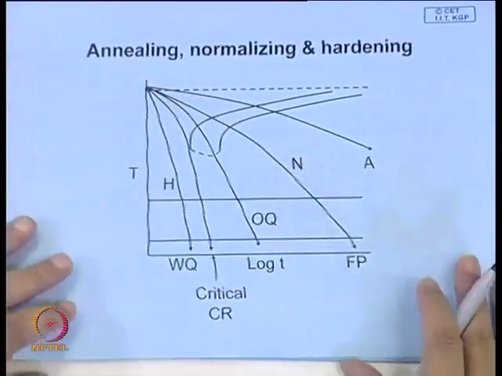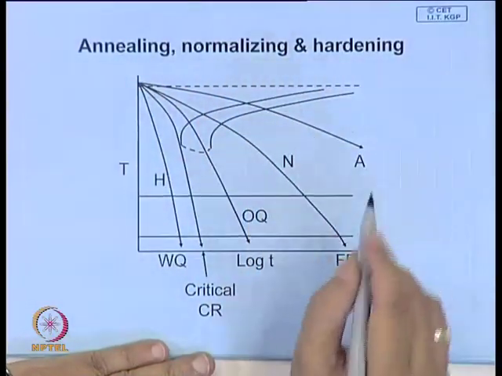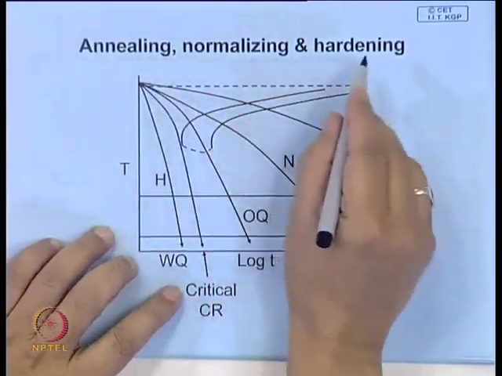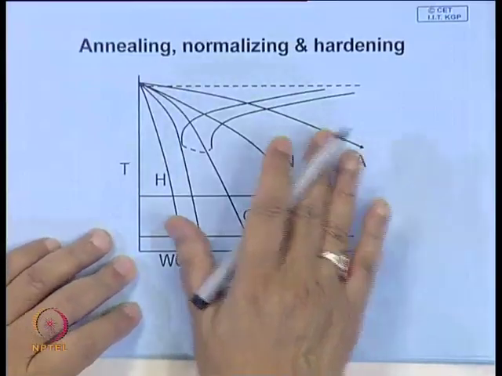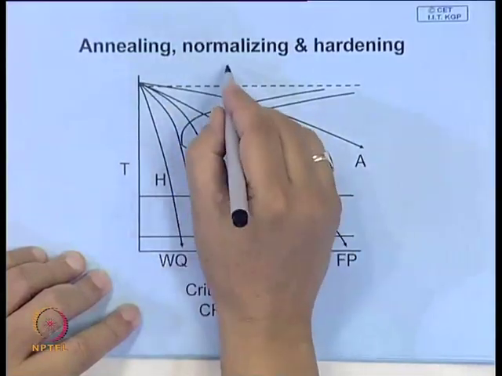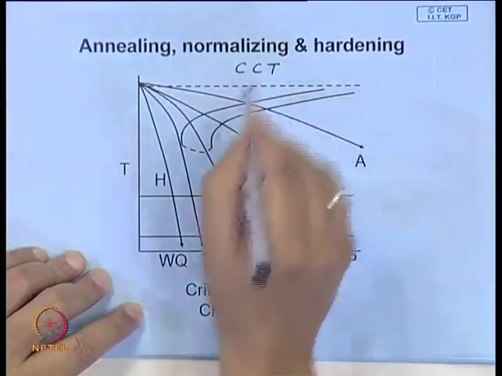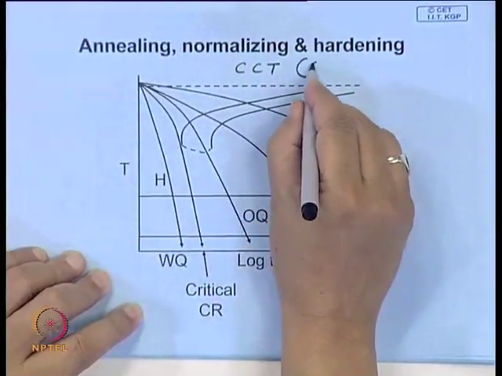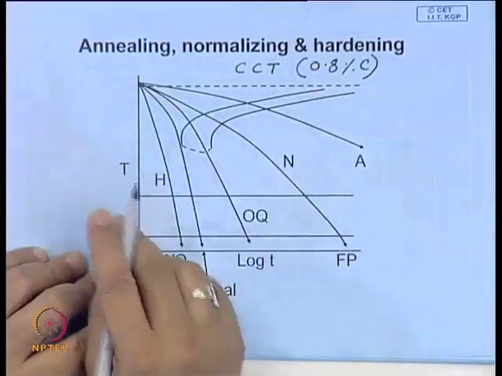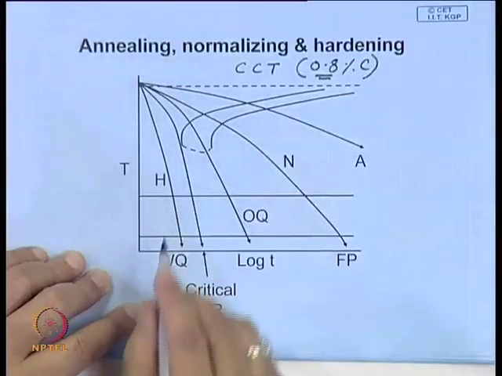If you can look back, these are three common heat treatment procedures: annealing, normalizing and hardening. If you superimpose the cooling curve on the continuous cooling diagram, what we have drawn here is a CCT diagram for 0.8% carbon steel, or more specifically eutectoid steel.